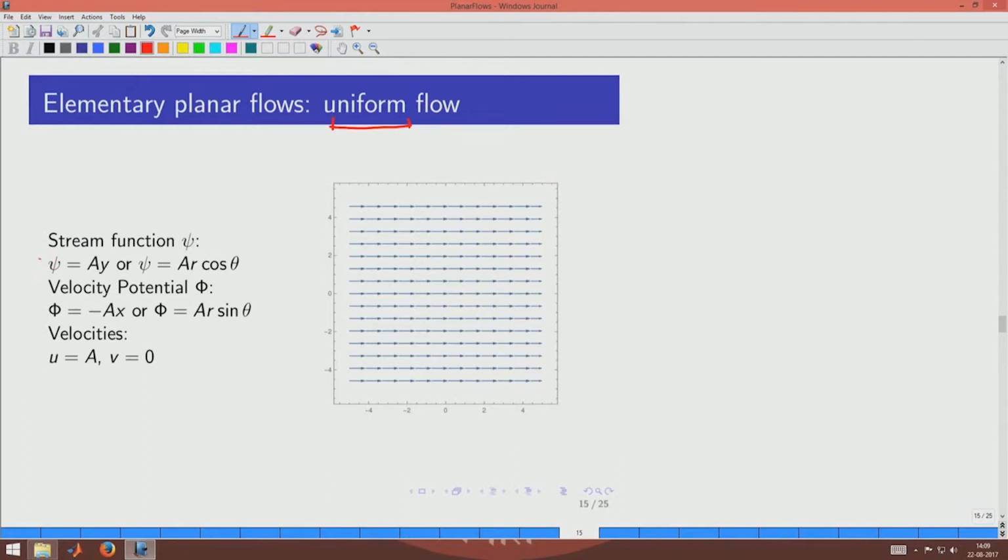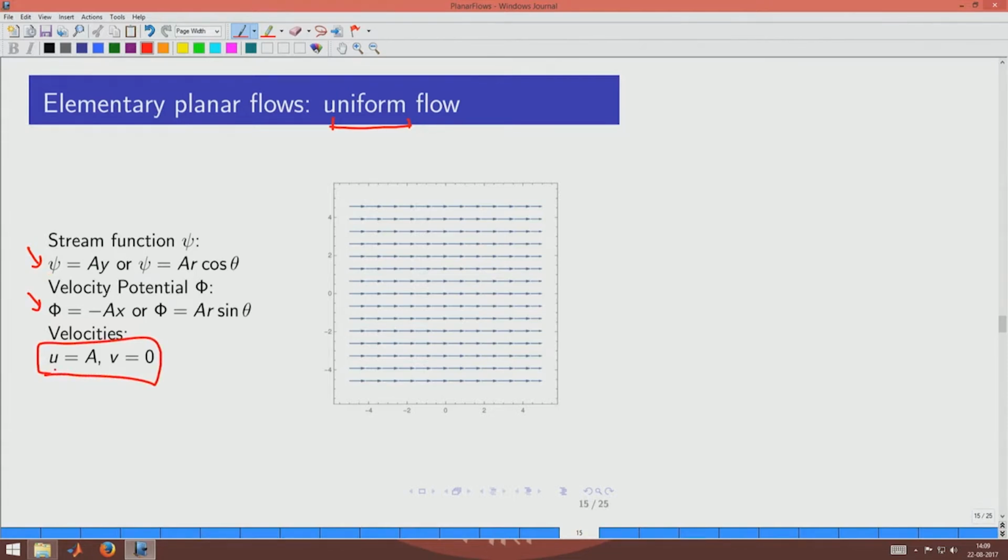You could have phi or psi which is ay or minus ax. This means that it is a potential flow, and we could generate it either through the stream function or through the velocity potential, and the velocity itself is given in this manner here.